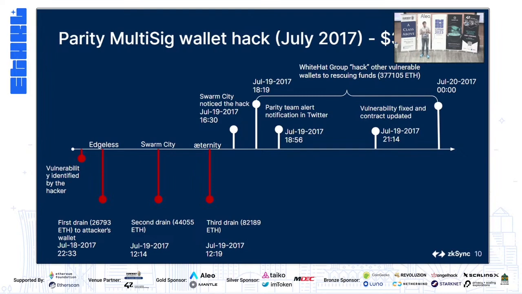Alerting is not the problem of just one company. Alerts and monitoring should be available and done by every company, and these feeds and information should be shared within the community. That is how we can reduce the number of hacks and the amount of stolen funds.